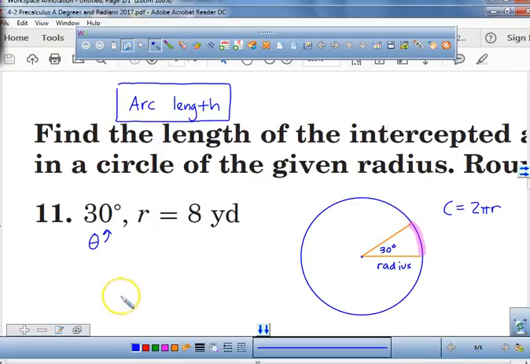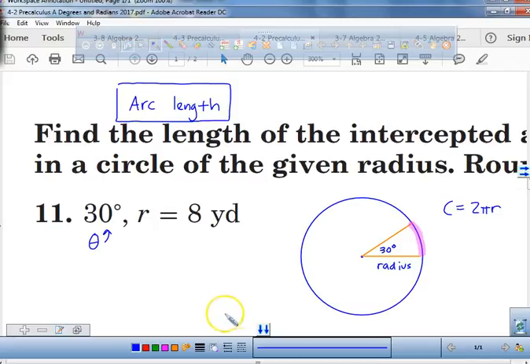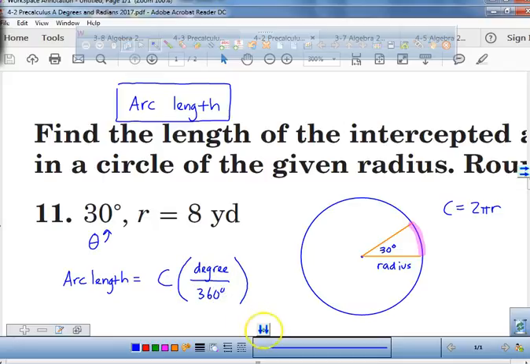So, back in geometry, you may have learned a formula dealing with arc length, so I'm going to write that formula down to start out with the arc length. In words, arc length equals the circumference of the circle multiplied by the degree that you're looking for out of 360 degrees.